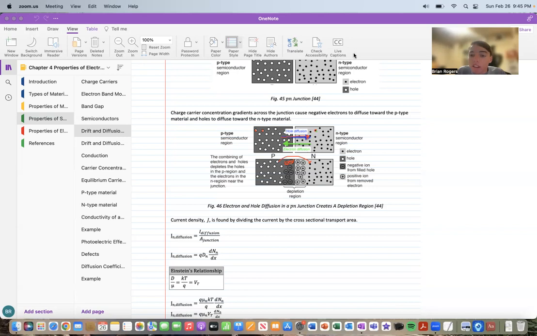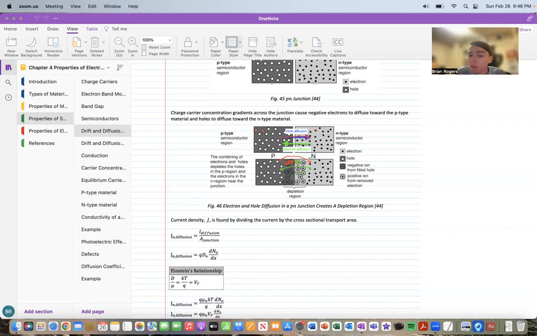And what we're going to see is when these electrons start to diffuse over onto the p-type side, it's going to leave behind a positive ion, because the n-type material will become more positive since it's getting rid of a negative electron. So it's going to leave behind positive ions.